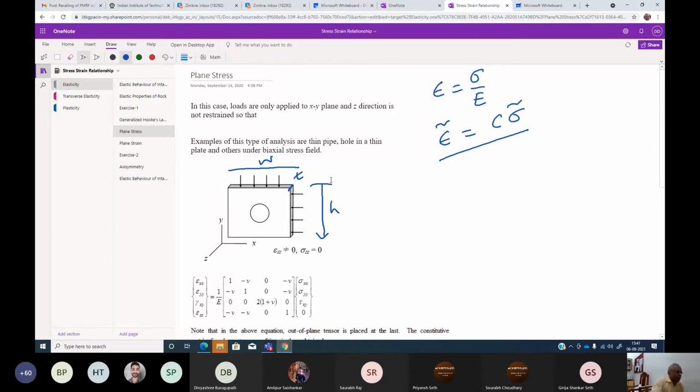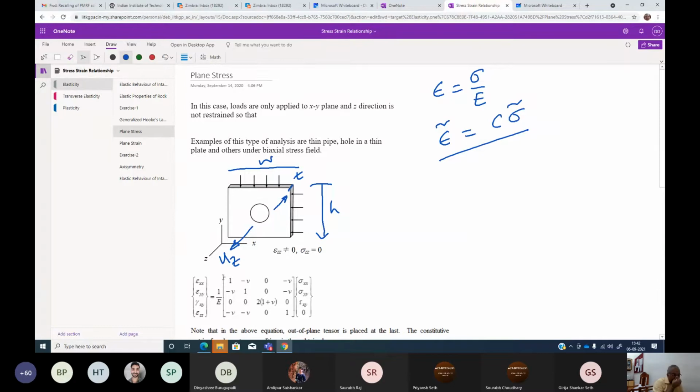So what will happen is, because of this stress, there will be a deflection in this direction. Let me give you an example. You take your book and you put it vertically and give load from the top. You will see the book deflects in the third dimension, in the out of plane direction. So that means a UZ may occur in that direction.